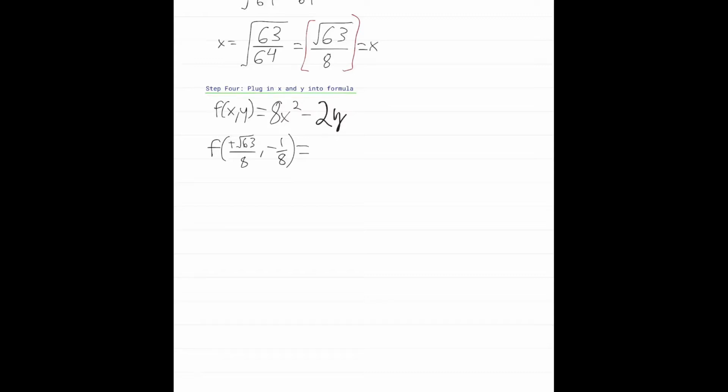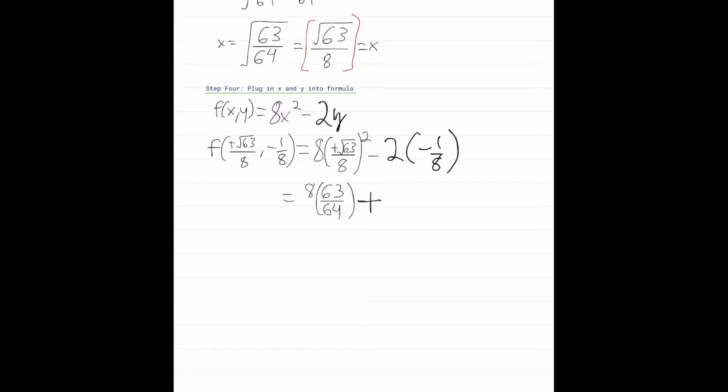So now all we simply do is just plug in these values. In doing so, we get 8 times the square root of 63 over 8 squared minus 2 times negative 1 over 8. Furthermore, we solve it. We square the root 63, which is just 63. We square the 8, we get 64.